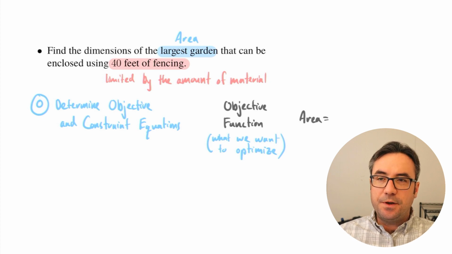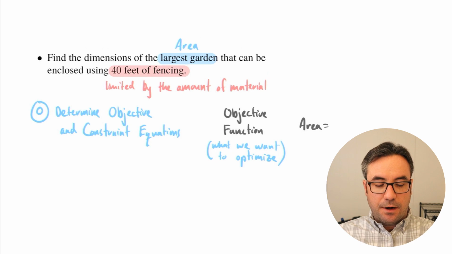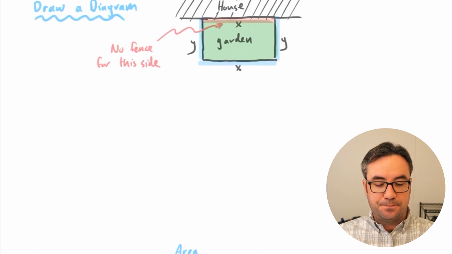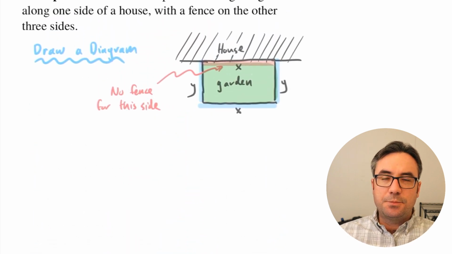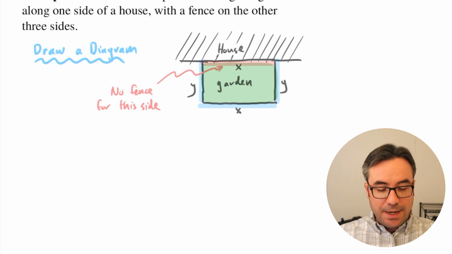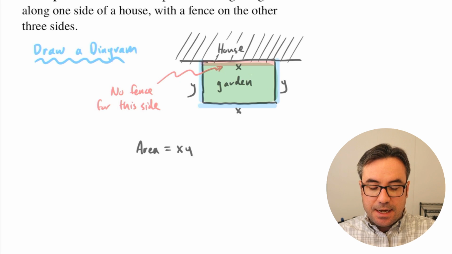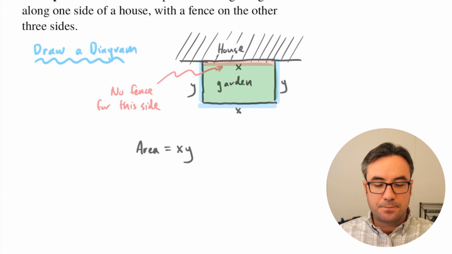All right, so we want to figure out, well, what's the area of our rectangle? And so if we go back up to our diagram, the area of a rectangle is just the product of the 2 dimensions. So in this case, the area is x times y. So it's the length times the width here.